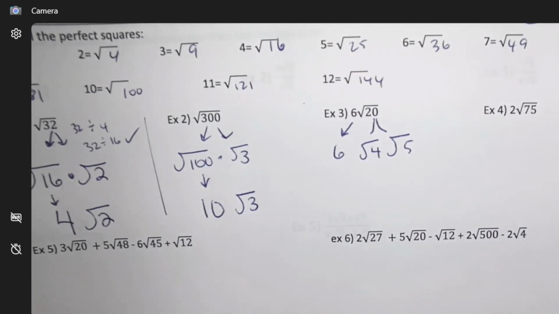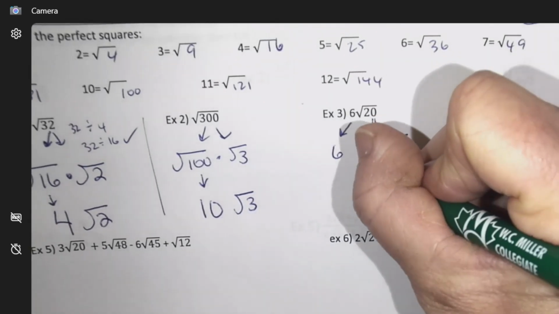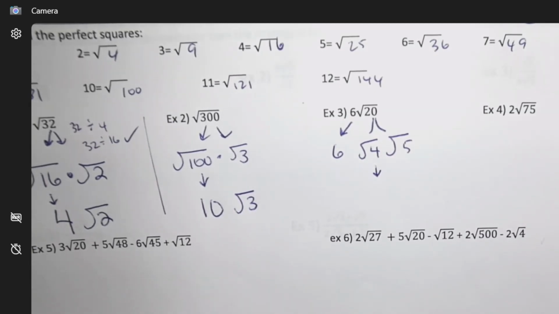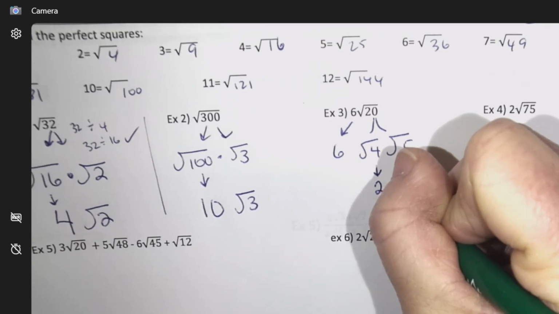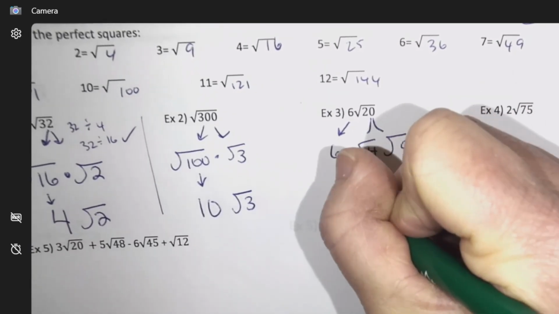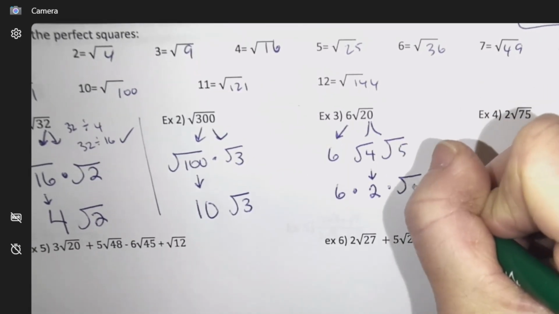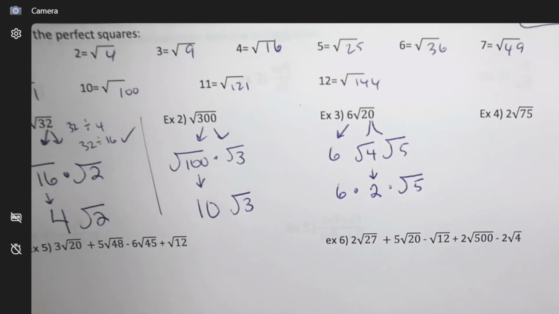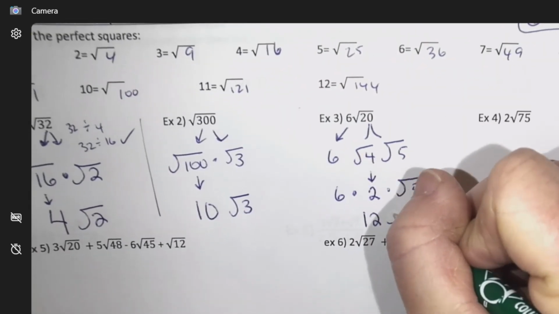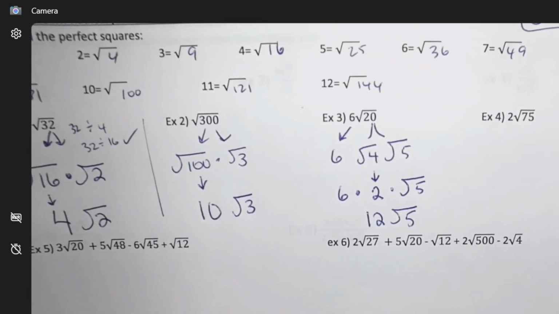Needs to come along for the ride. Then what am I doing? I'm going to change the square root of 4 to a whole number 2. I also have a whole number 6, and I also have a radical 5. So my final on this would be 12 root 5.